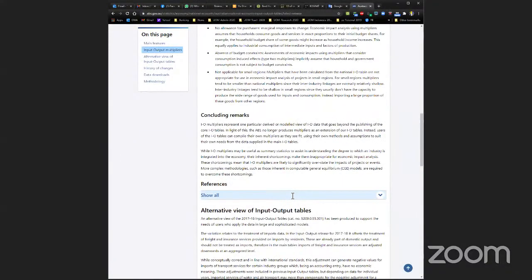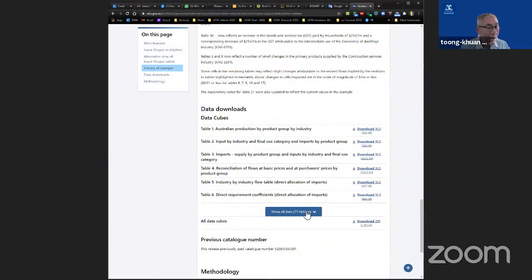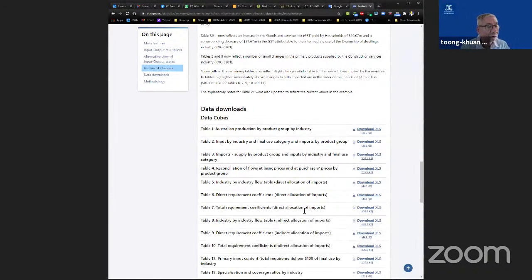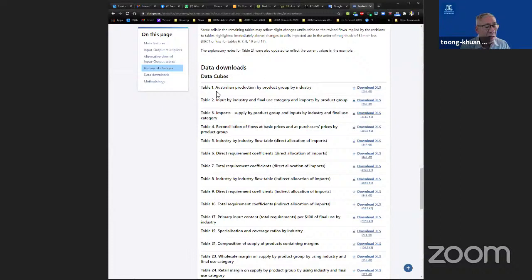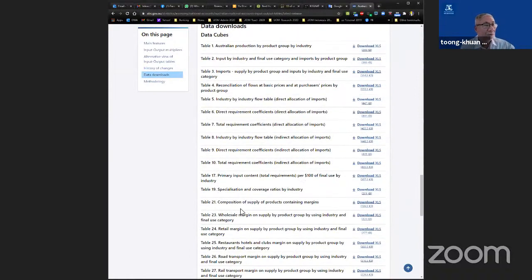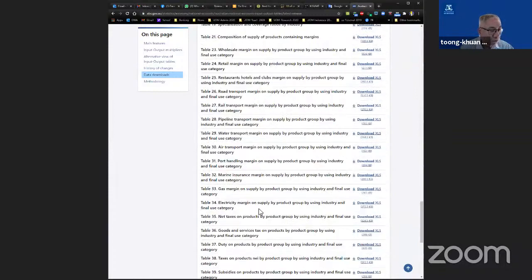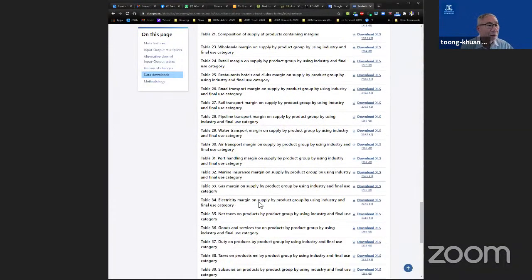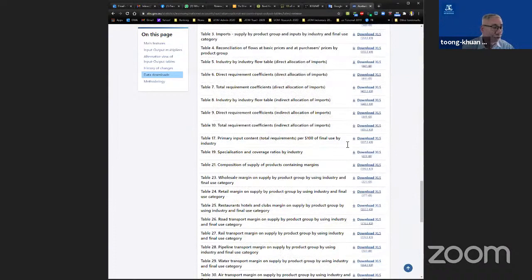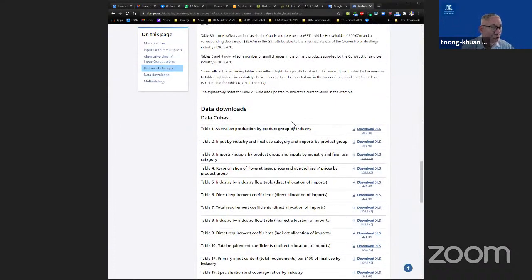So there's a whole long story about what input-output tables are all about, some limitations, and if I click on this, we can see that all the input-output tables come in various tables, so they have additional tables, table 1, table 2, up to table 40, and you can download any of these tables as you wish. So what I'm going to show you is an example of what I've downloaded earlier. I'll show you table 1 and table 5, okay?